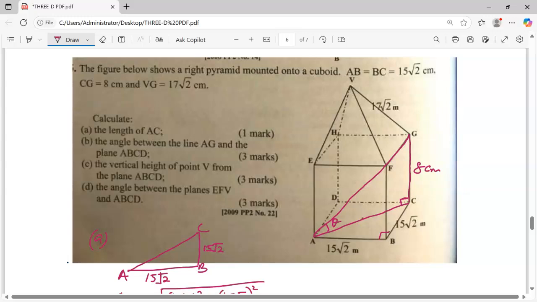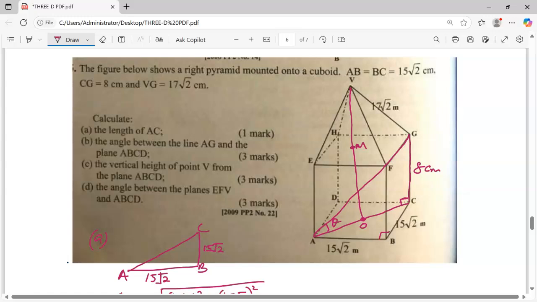So we are going to locate the center of the plane ABCD and call it point O, and then drop a vertical line from point V all the way to point O. Once you drop a line from V to O, we are also going to locate the center of the other square, which is EFGH. Remember, we can call this point M.